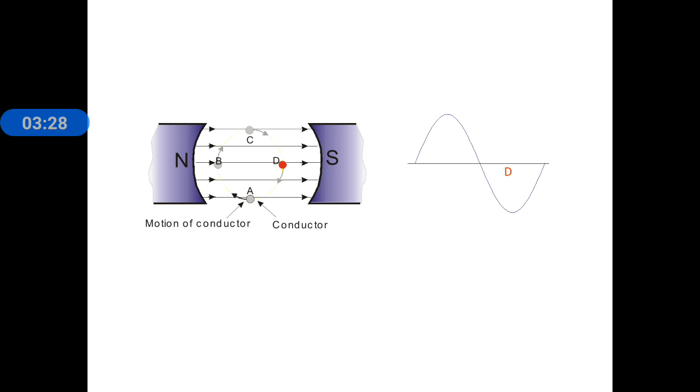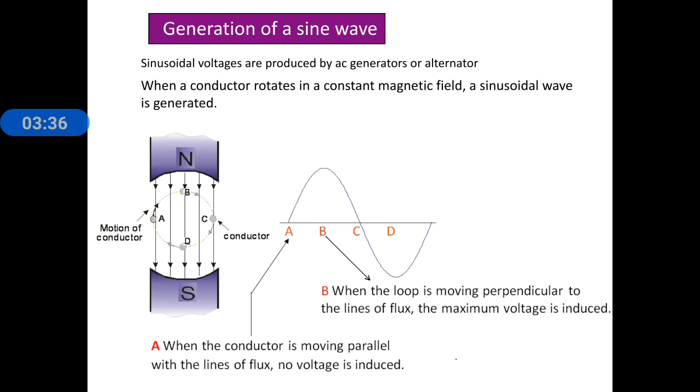B is taken as positive, so at position D it is negative, and a negative peak value is produced. So A and C are 0 positions, and B and D are positive maximum and negative maximum positions. So sinusoidal voltages are produced by generators or alternators.